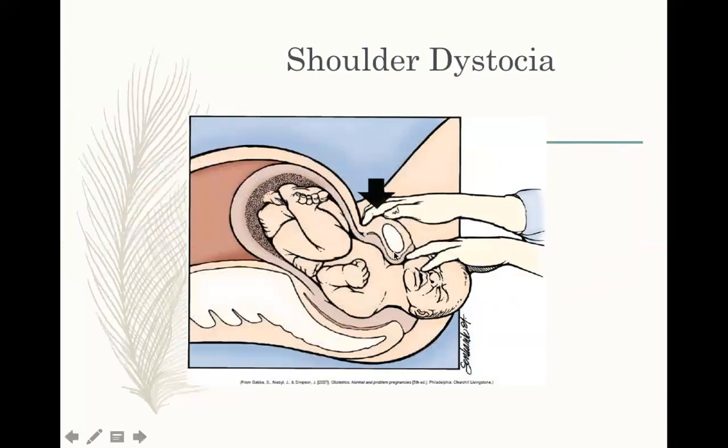There are a few things that we can do to help this. And it is an emergency because once the head is delivered, the cord is being compromised and the baby's being compromised, and we can have a brachial plexus injury and neurological damage. So once we identify that the shoulder is not delivering, we're going to act very quickly.